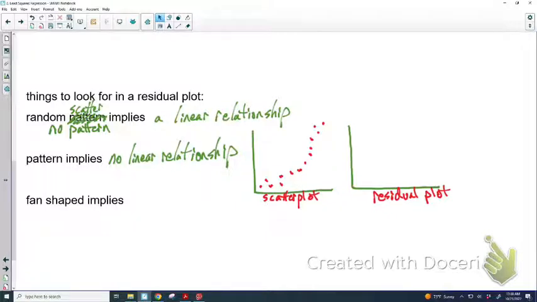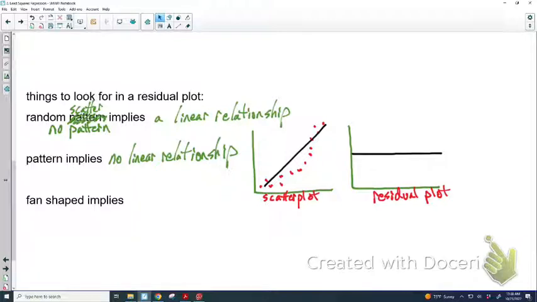That one has a curving pattern to it. And the least squares line probably does something like this right here. So when I go to make my residual plot, it's just going to further prove that a linear relationship is bad. So you turn that black line sideways.